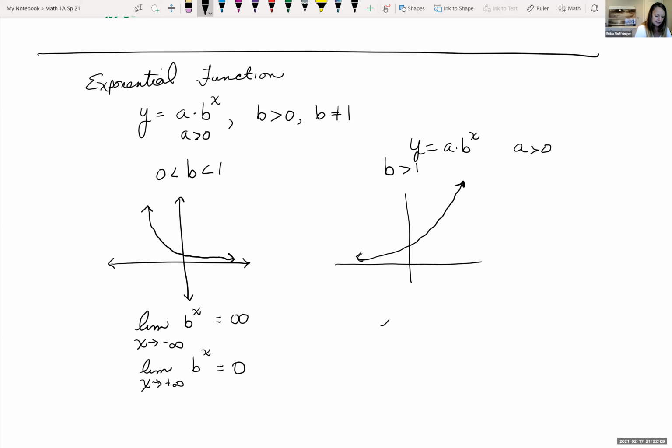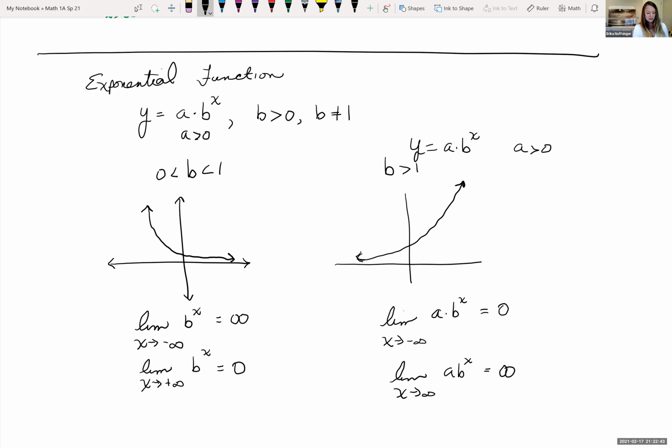And if we look at this as a limit, as x is going to negative infinity of a times b to the x, this is going to 0. And the limit as x is approaching positive infinity, our y value is shooting upwards and it's never getting to any particular y value, but it's continuing to grow to positive infinity.